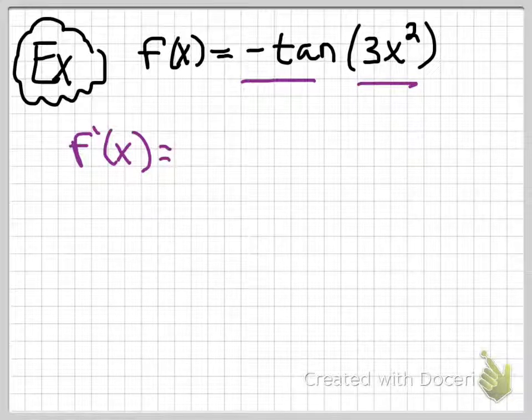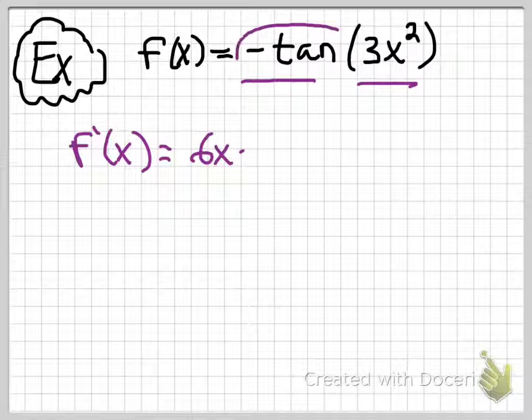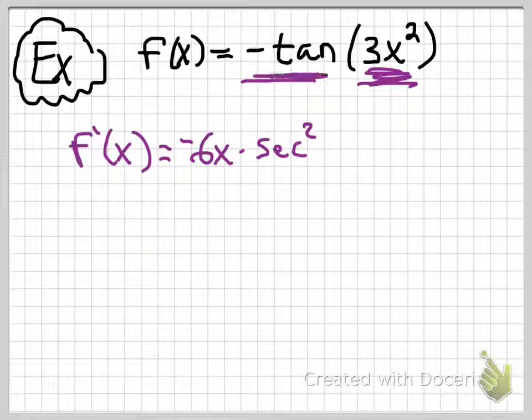So 3x squared derived would be 6x times the derivative of the outside. Well, on the outside I have a negative tangent. So let's put the negative sign here in front of the 6. And then the derivative of tangent is secant squared. And then the rule with chain rule is you do the derivative of the inside times the derivative of the outside, keeping the inside, keeping the 3x squared.